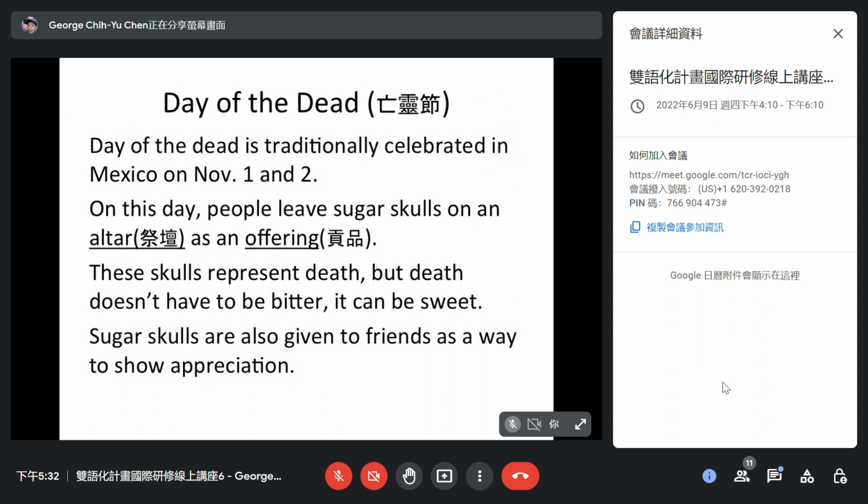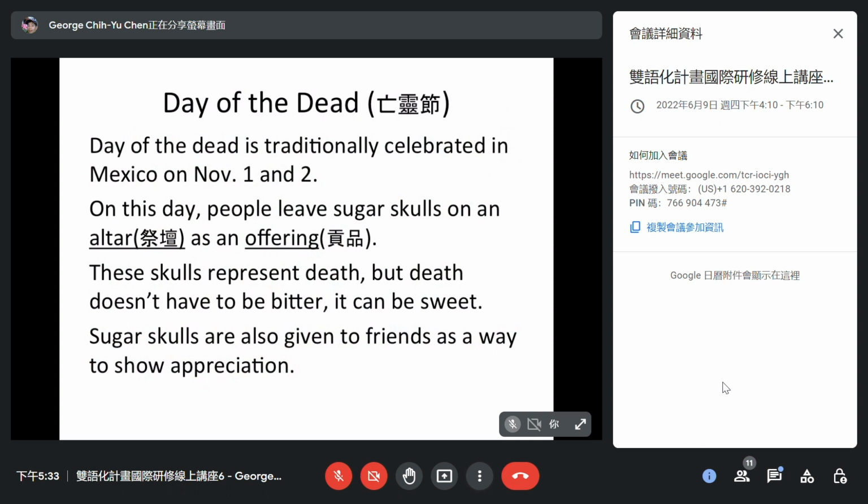所以那个 skull 上面可能会有那个刚死去亲朋好友的名字，它会放在祭坛上面。And this holiday involves family and friends gathering to pay respects and to remember friends and family members who have died. 所以在这一天，亲朋好友会聚集在一起来缅怀过世的亲朋好友。And these skulls represent death.